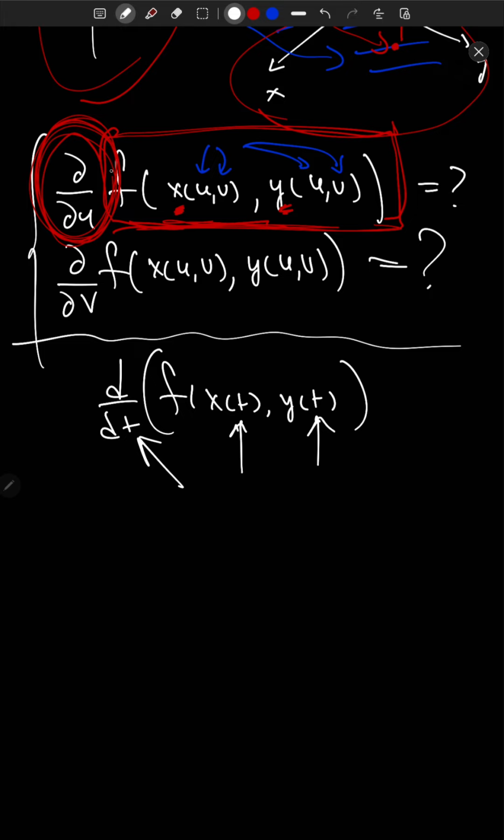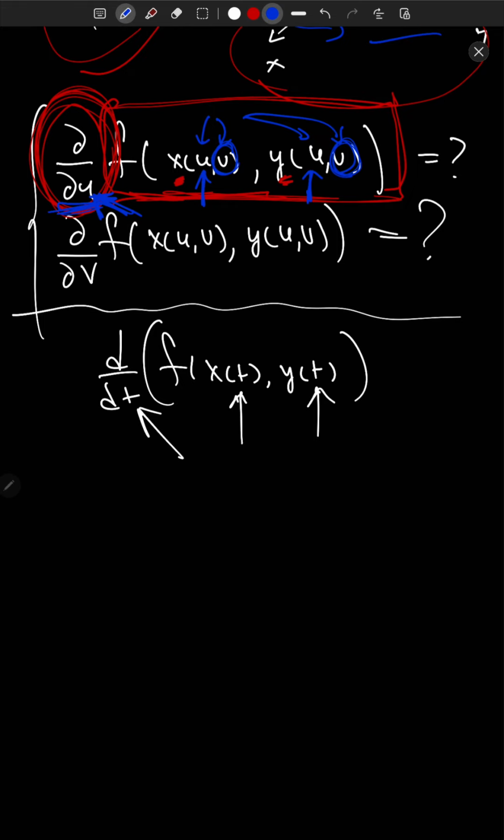Well, in this partial with respect to u, u is my only moving variable. V is considered constant. So this partial u problem is literally the same as the d/dt problem. So the chain rule is exactly the same.